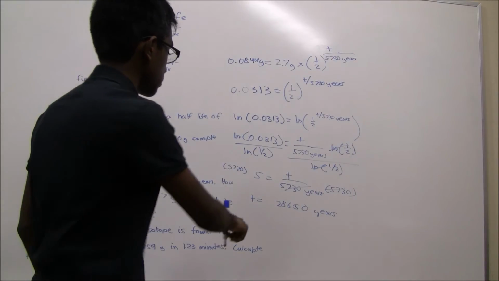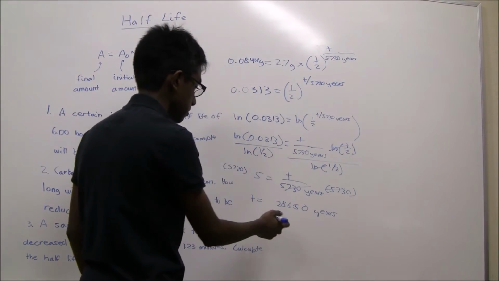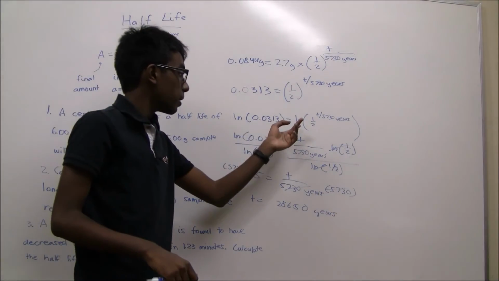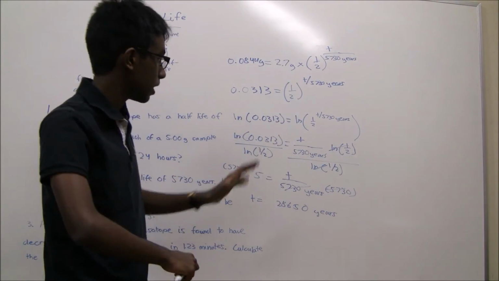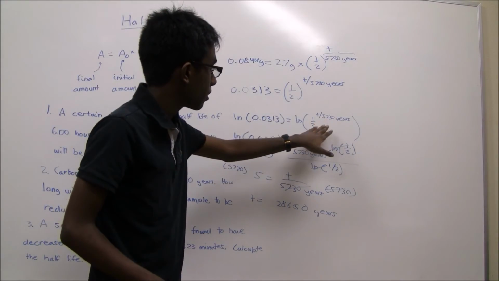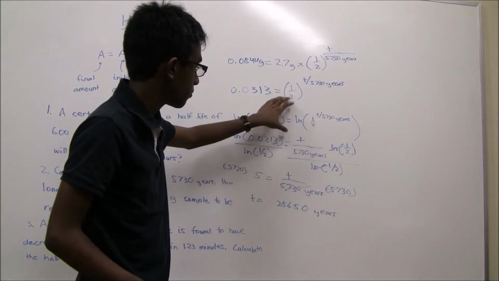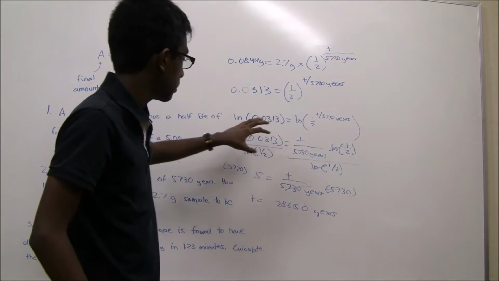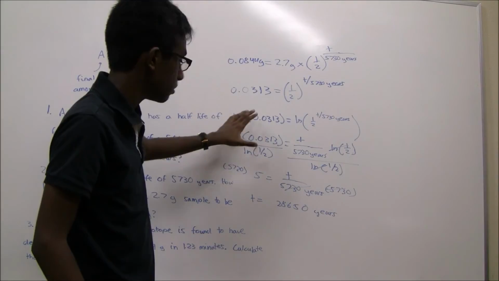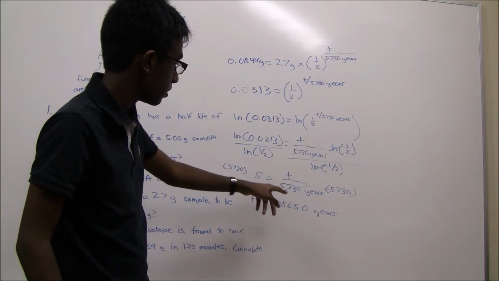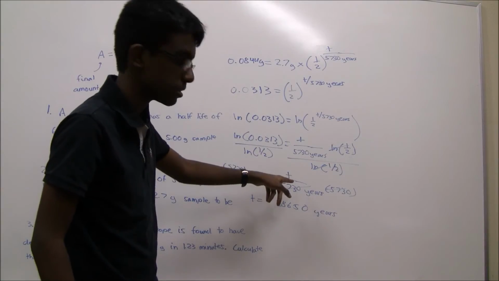Yeah, so t equals 28,650 years. Alright, even if you've never used natural logs before, this really helps, so go ahead and just understand. You take the natural log, then whatever your exponent is brought to the front, and then you're just left with the natural log of 1/2. You take the natural log of the other side too, then you divide by the natural logs, and then you can just find t for itself.